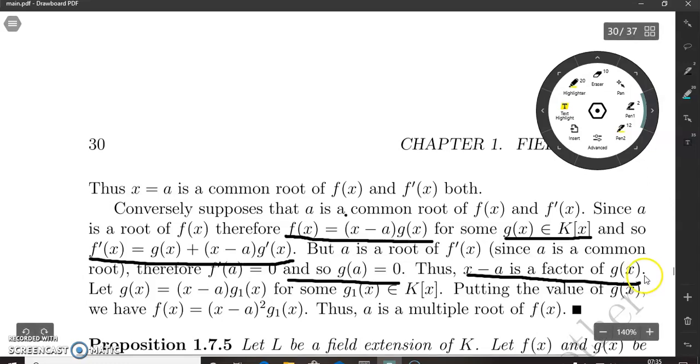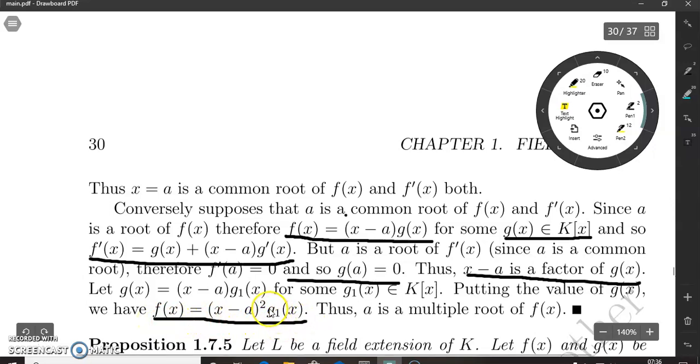Now, since x minus a is a factor of g(x), therefore g(x) can be expressed as g(x) = (x minus a) g1(x) for some polynomial g1(x) in K[x]. Now putting the value of g(x) in this equation, we will obtain that f(x) = (x minus a) whole square g1(x).